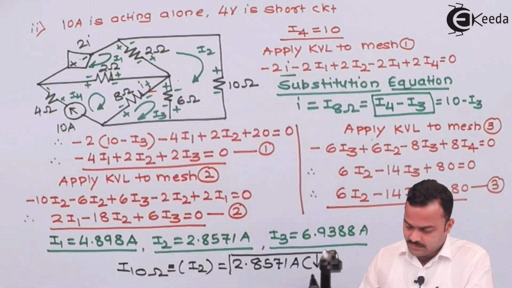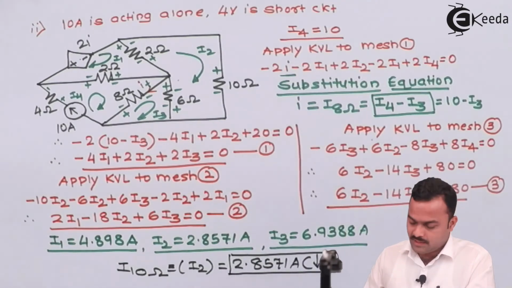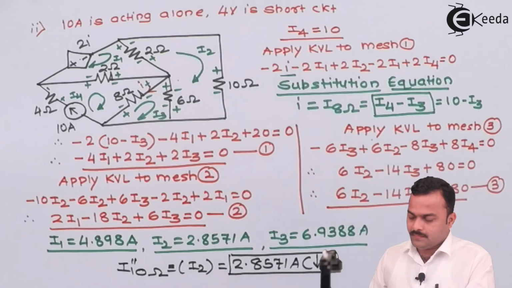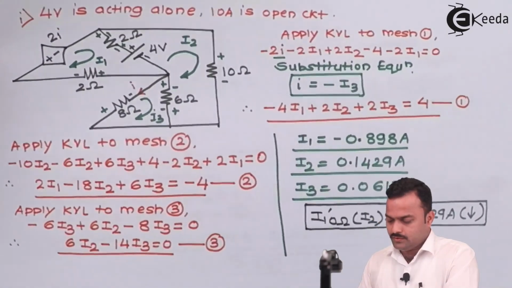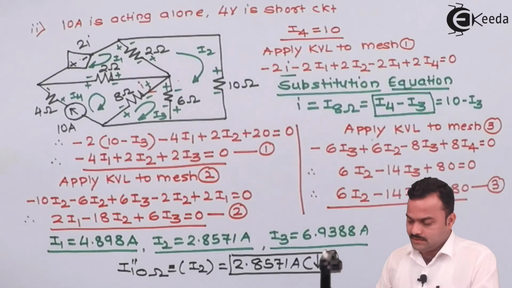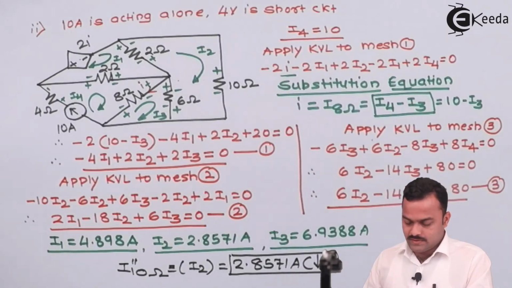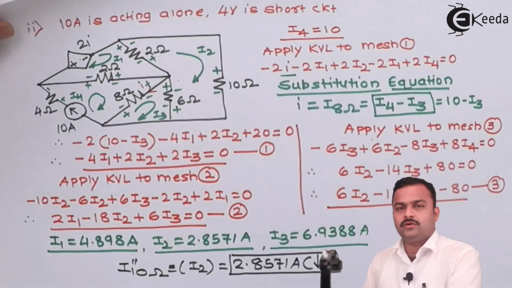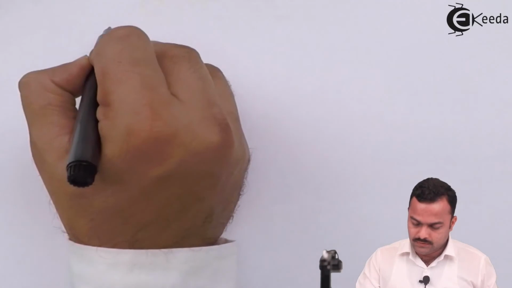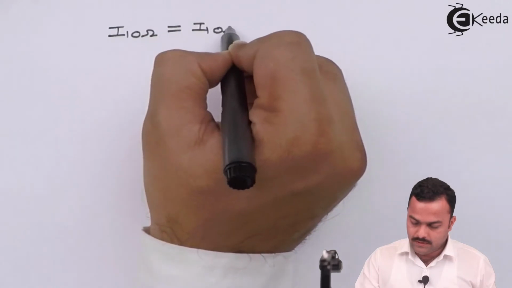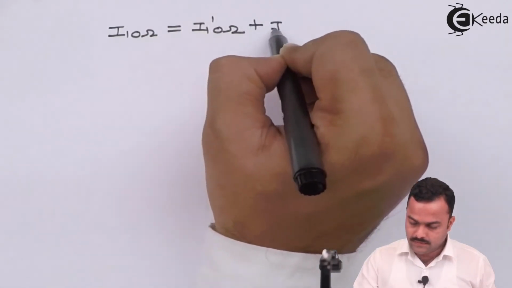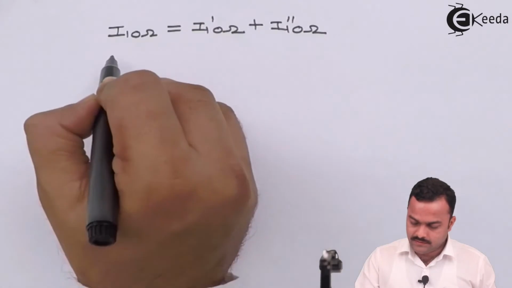So this is a current we get, but this is because of a 10 ampere acting alone. So it is I10 ohm double dash. So we got I10 ohm dash as 0.1429 and I10 ohm double dash as 2.8571. So as per the principle of a superposition theorem, we need to add these two results to get the total current. So total current flowing through 10 ohm will be I10 ohm dash plus I10 ohm double dash.